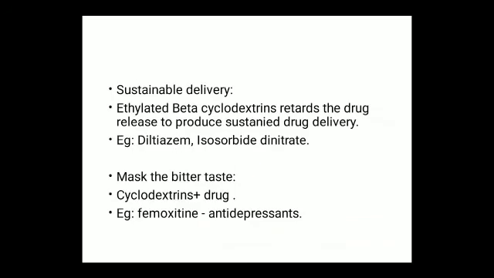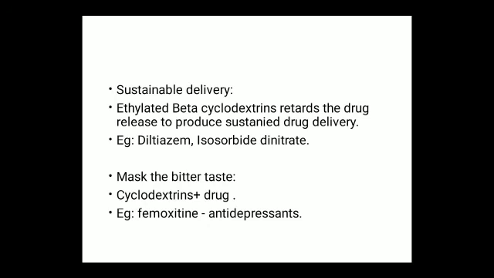By using complexation with cyclodextrins, the release rate of a drug can be sustained or prolonged. Ethylated beta cyclodextrins retard drug release to produce sustained delivery. Examples of drugs which form complexes with ethylated beta cyclodextrins are diltiazem and isosorbide dinitrate.